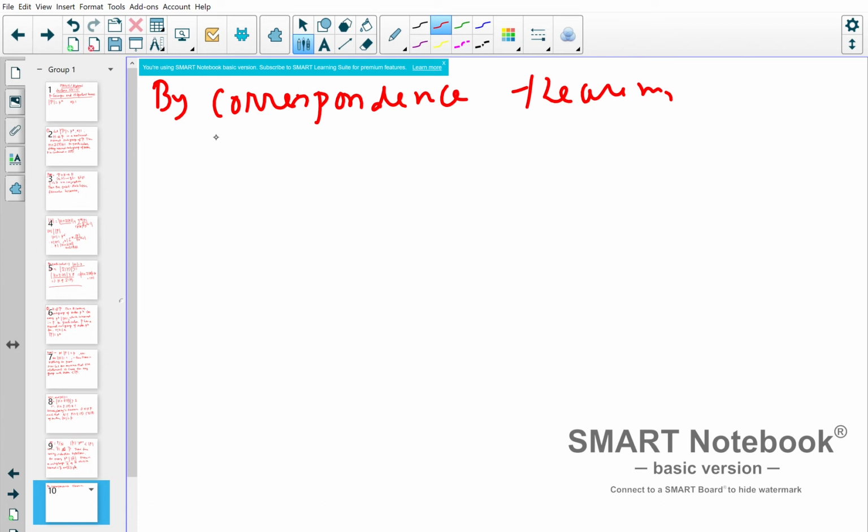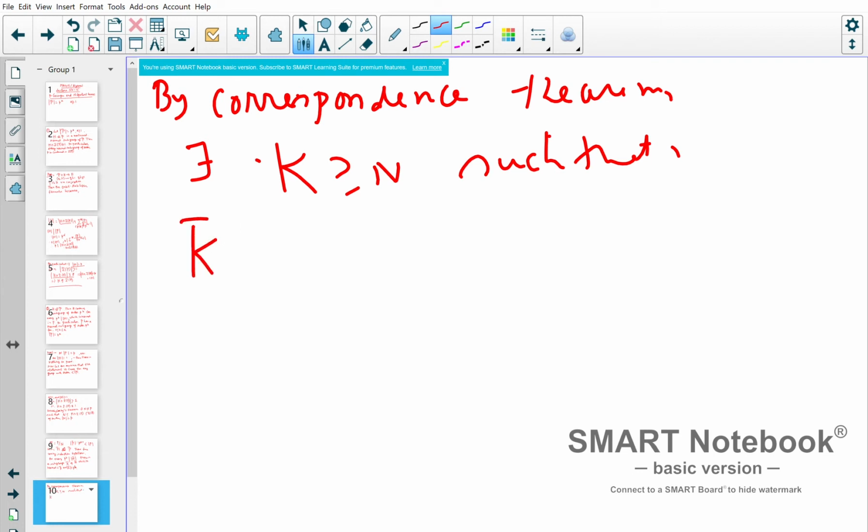So there exists this K containing N, such that this K bar equals K mod N. And thus what is K bar? The order of K bar will be equal to p to the power b minus a plus 1.